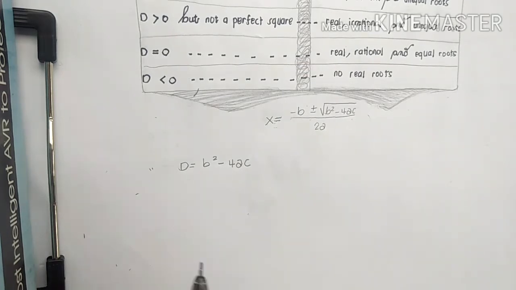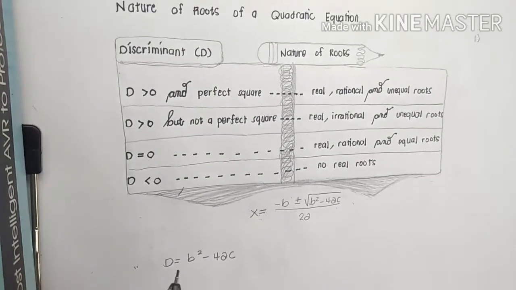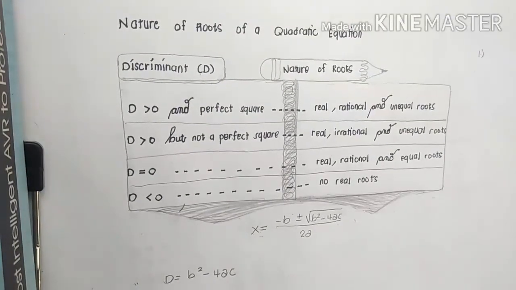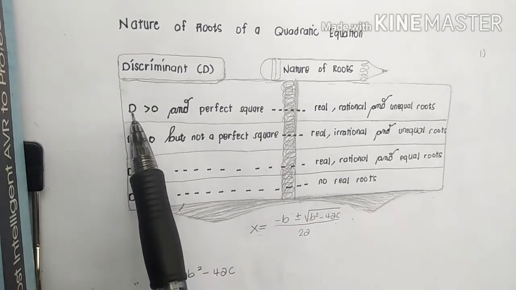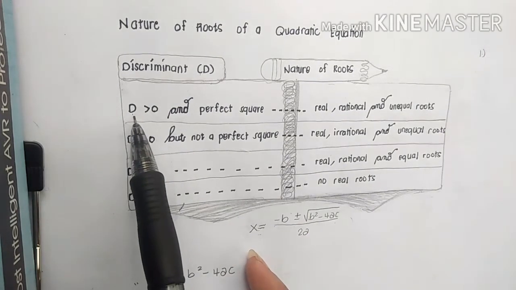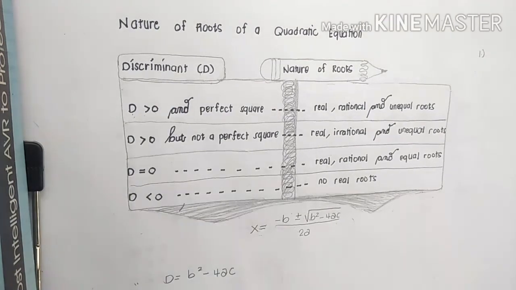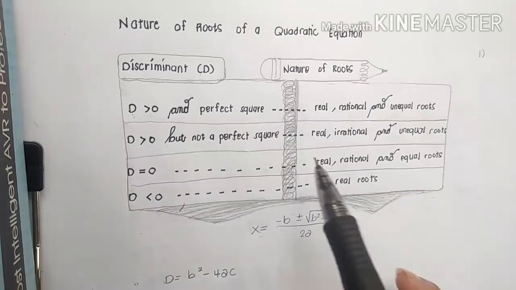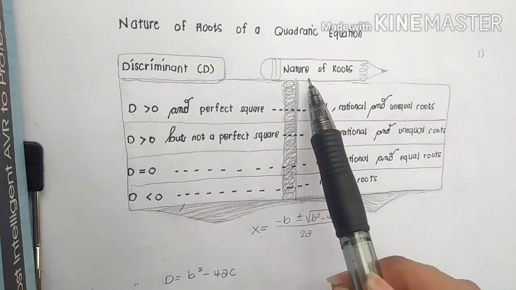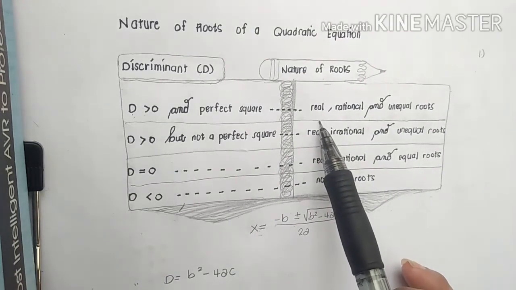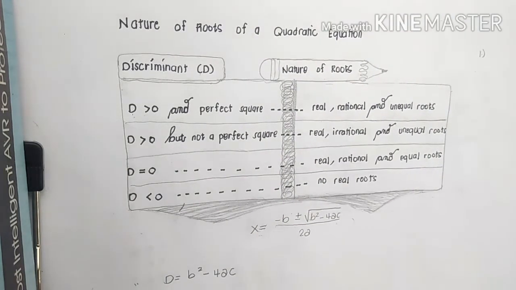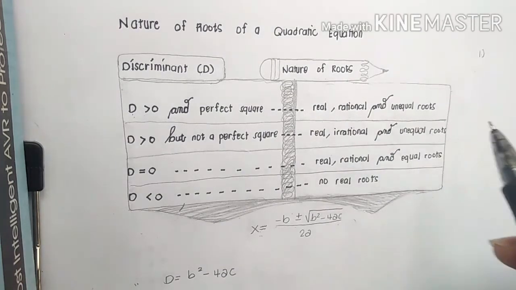But before that, I made here a table. Let's see if our d here, the discriminant, is greater than 0 and a perfect square, meaning the nature of the roots is real, rational, and unequal. When you say rational, that includes fractions or decimals.